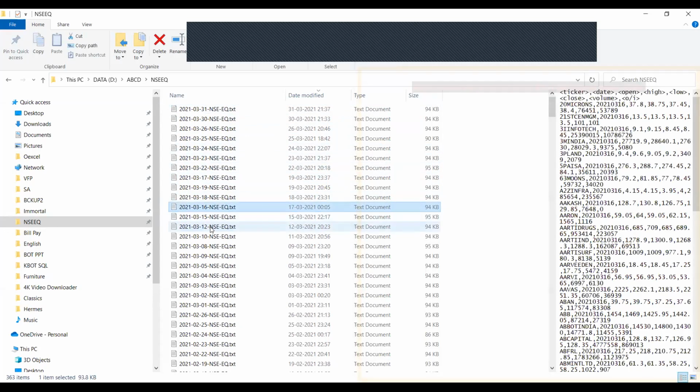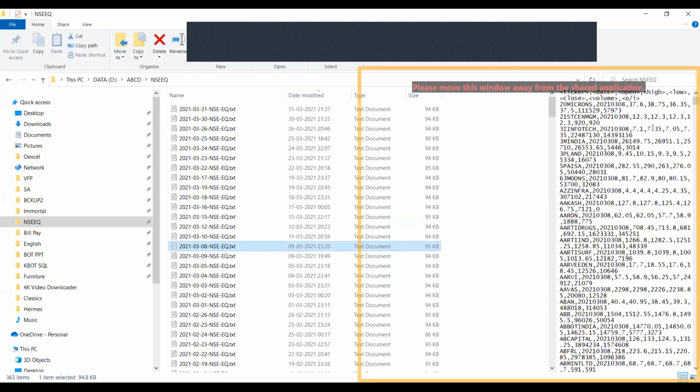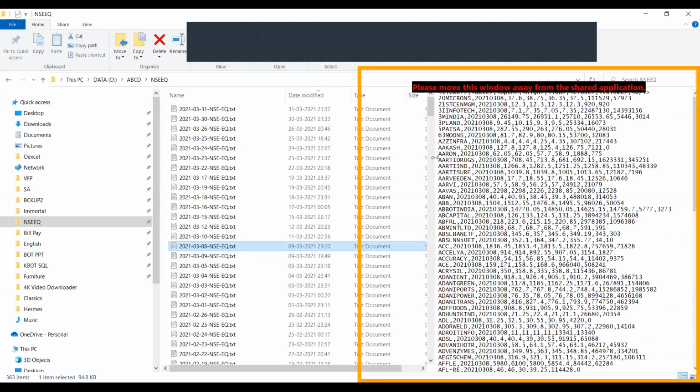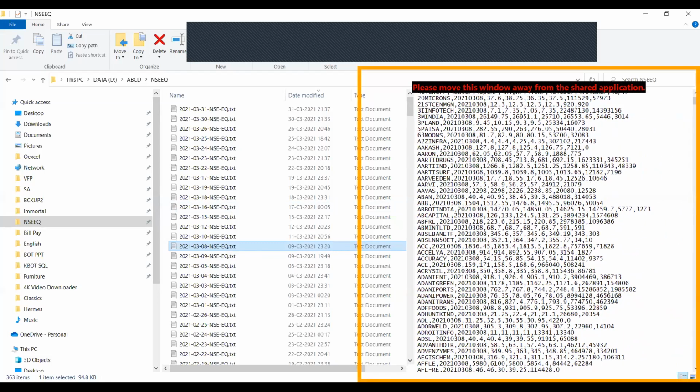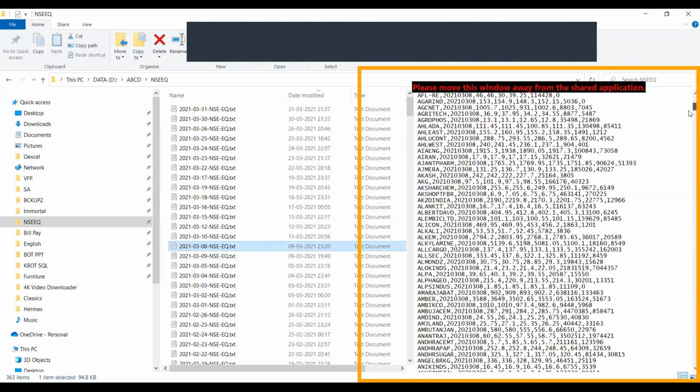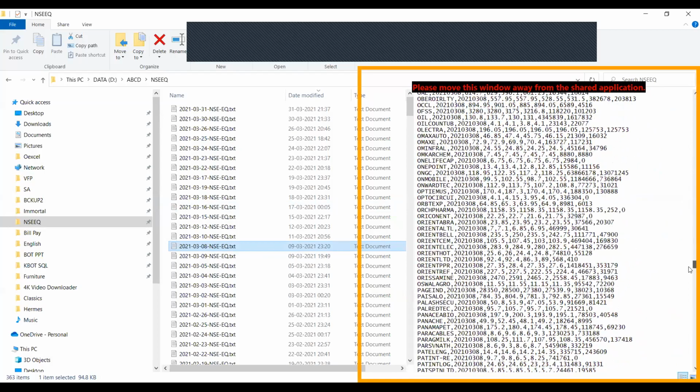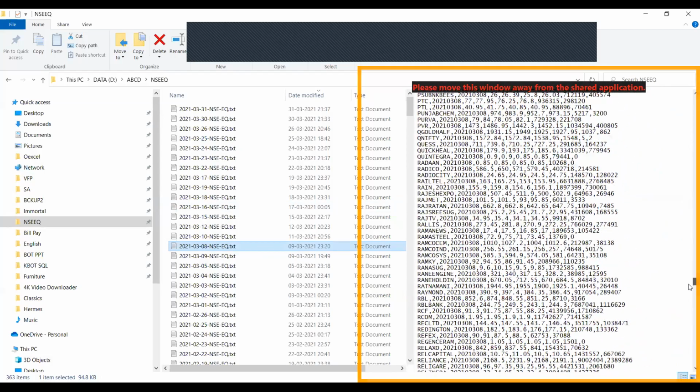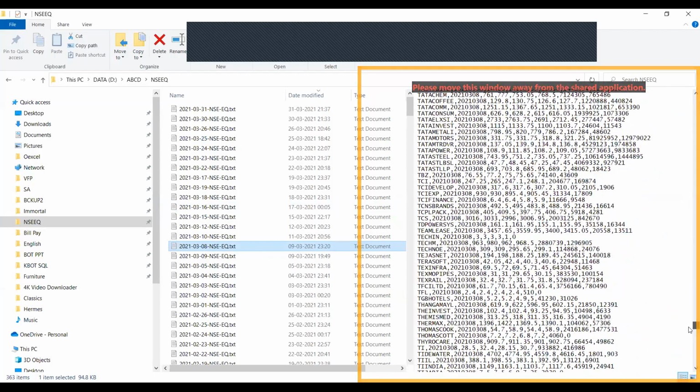Can you see the screen now? Yeah, now it is visible. So for every day you get this data. This is NSE, right? NSE data. Same thing for BSE also. Correct. You have NSE, you have BSE.